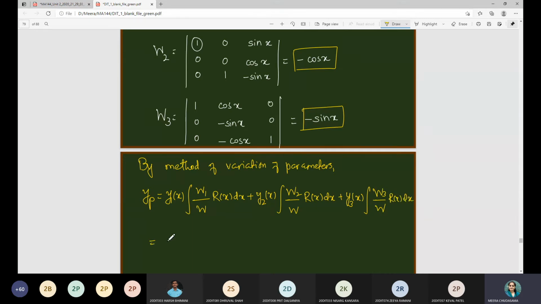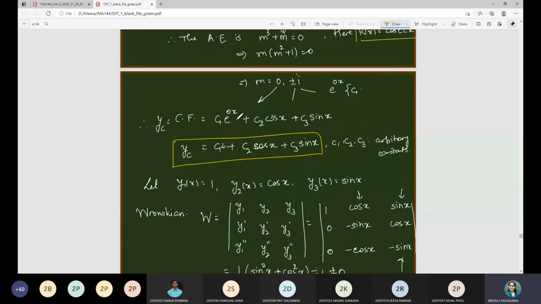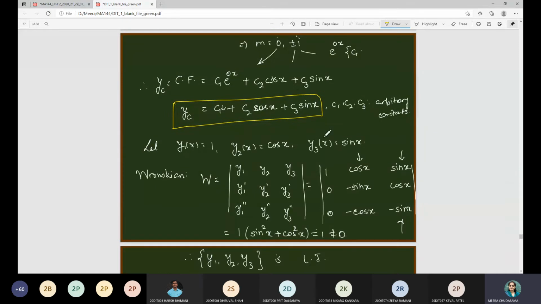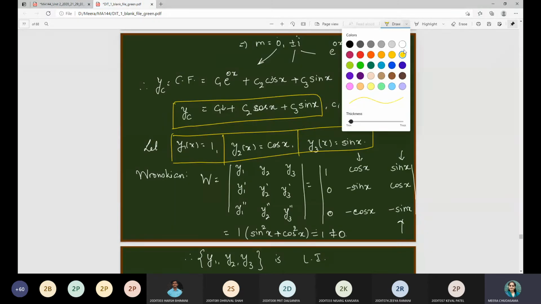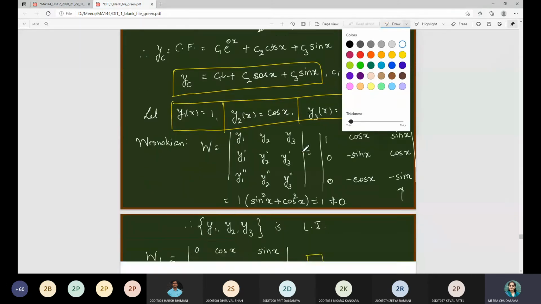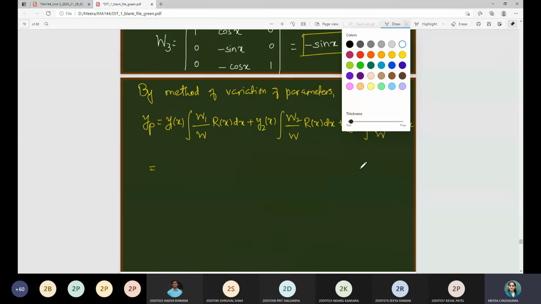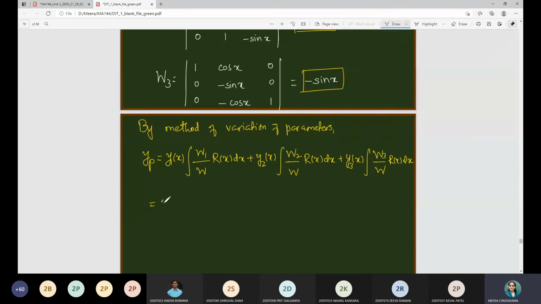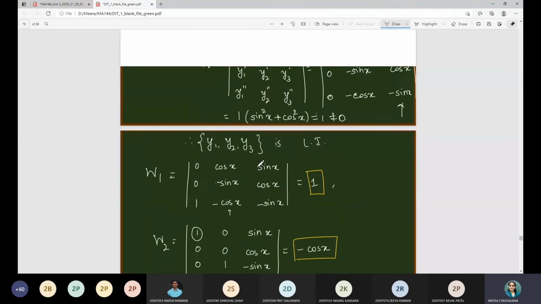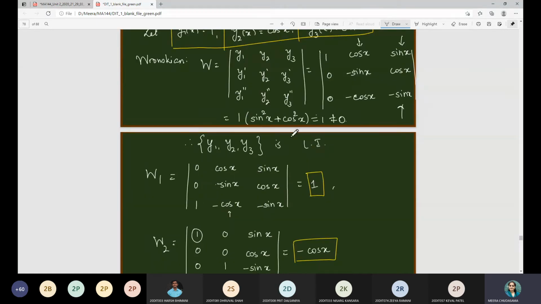So let us substitute these values. Y1 is 1, Y2 is cos x and Y3 is sin x. Every time W is 1, and W1 is also 1.